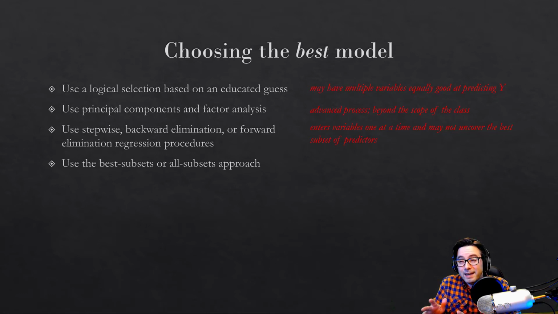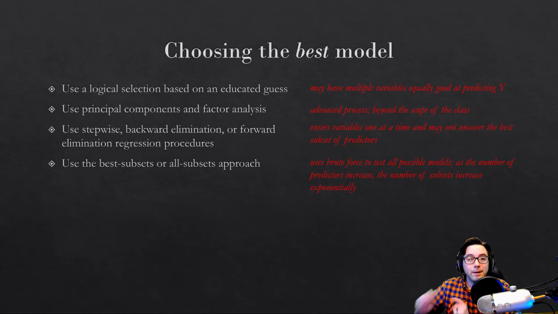So the bottom one, the one that we'll actually be using, is going to be testing out all these different combinations and seeing which ones work, and it will come up with those different levels. We'll talk about how you can read those different models in just a second. But it's going to have a better probability of giving you better models than the stepwise backwards elimination above it. So really the bottom one is the one we're going to be focusing on, and that's the only one we're going to do today.